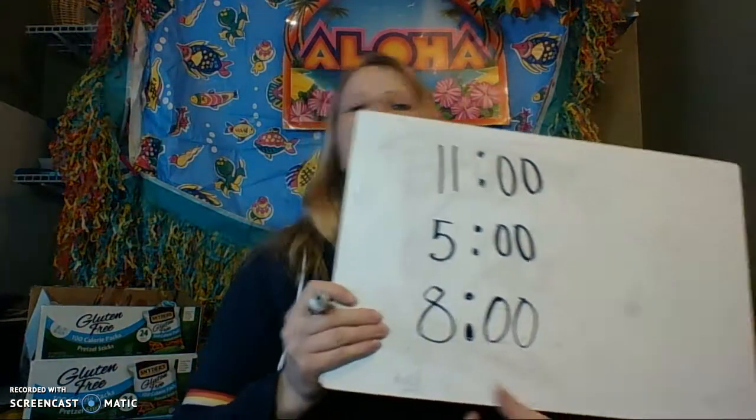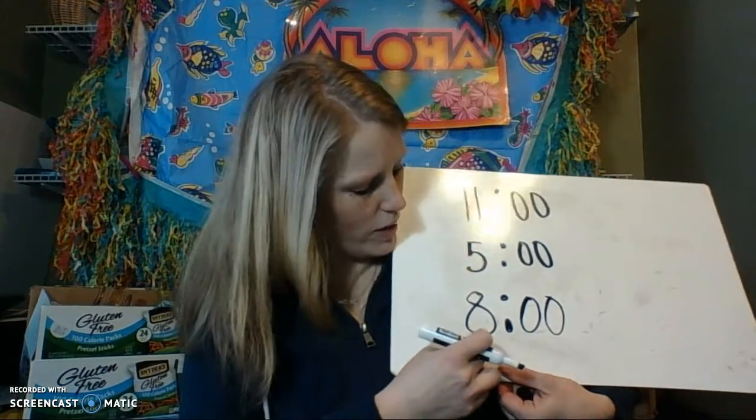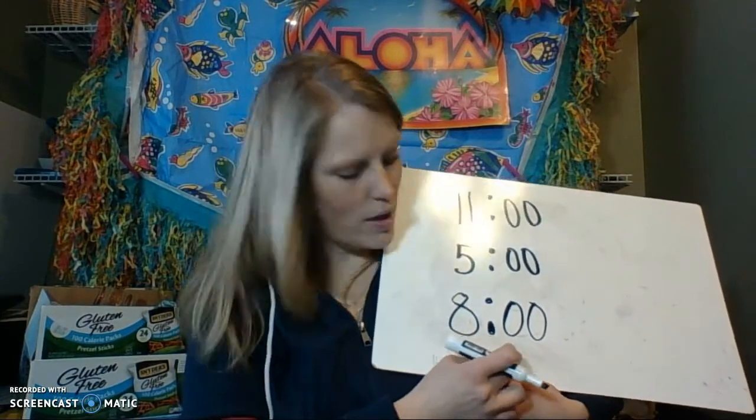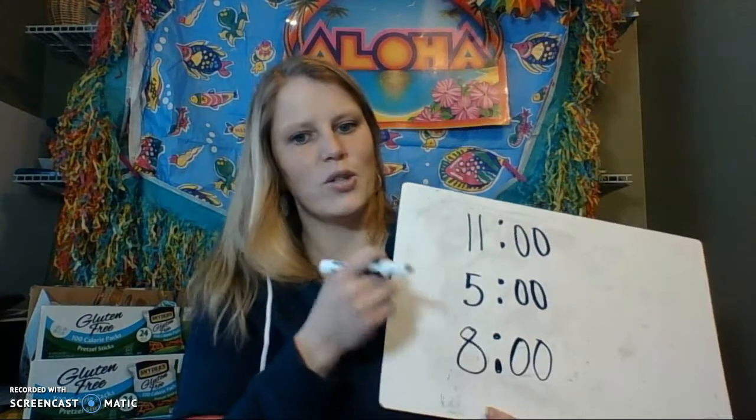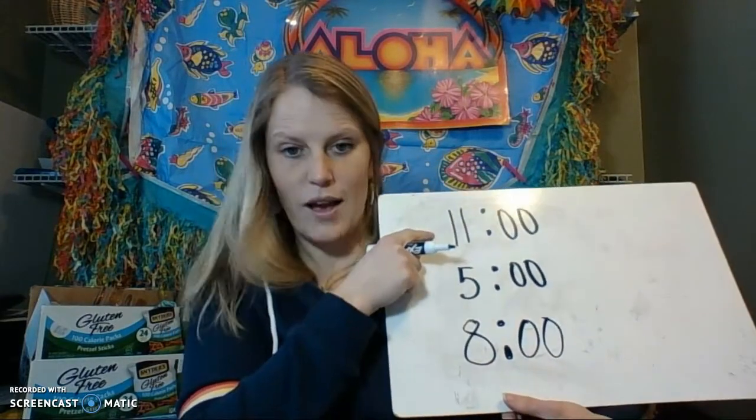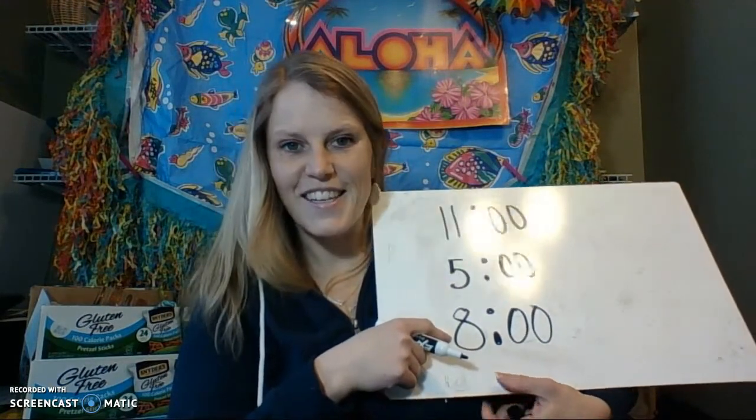Let's check and see. If you wrote down 8 and then 2 dots and then o'clock, you did it right. 8 o'clock. So let's practice reading the times. 11 o'clock, 5 o'clock, 8 o'clock. Nice work.